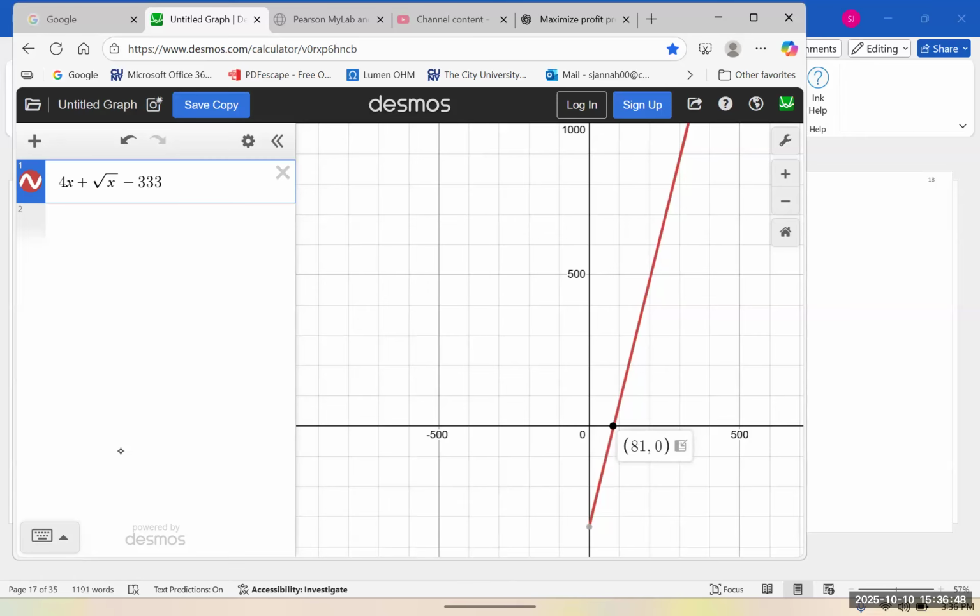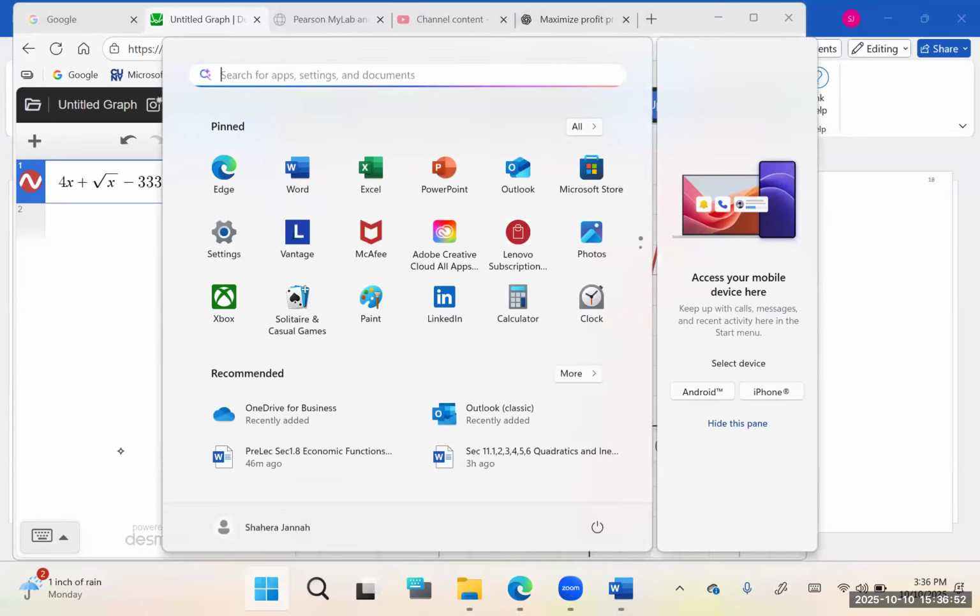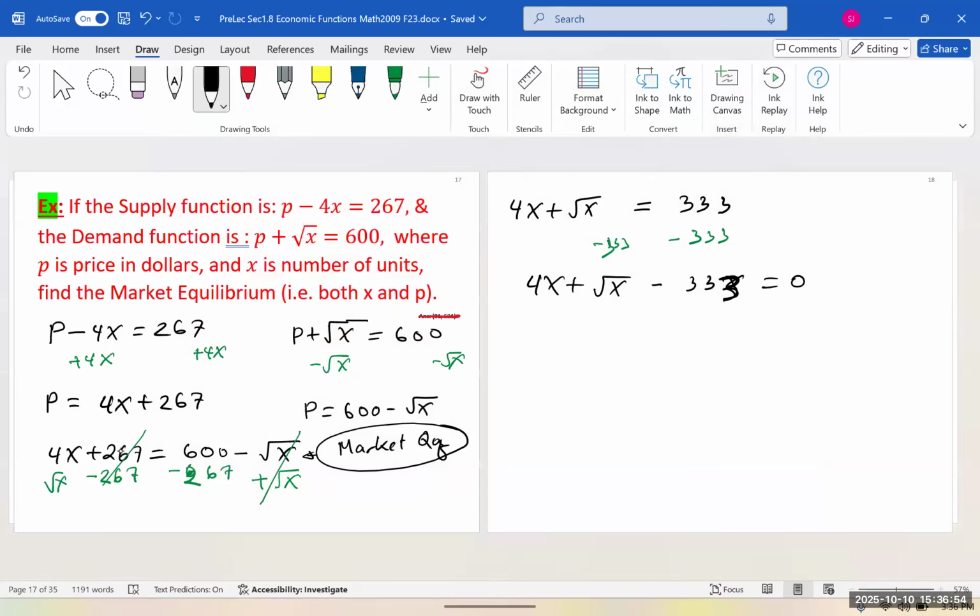So this is your number, 81. So your x is 81. Our graph was something like this, and this is 81.